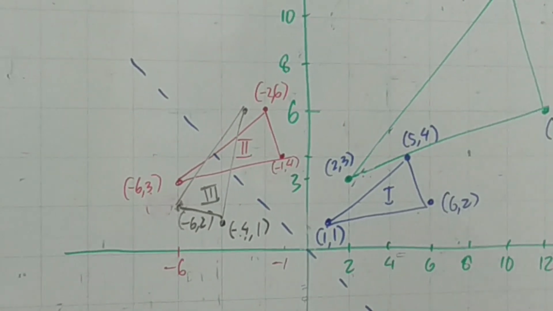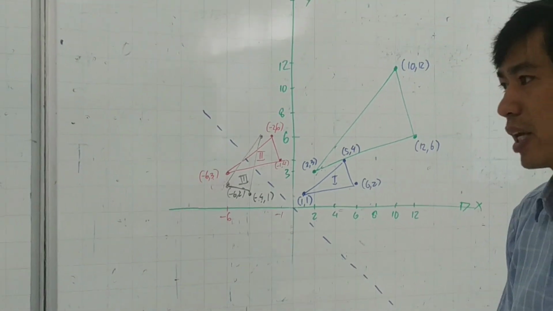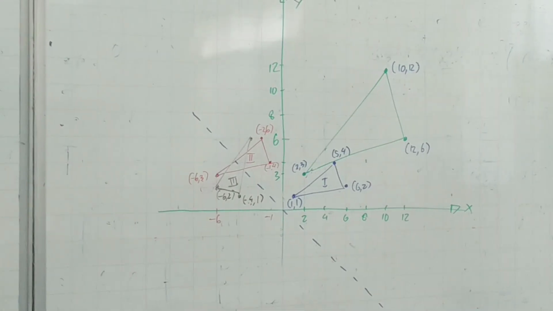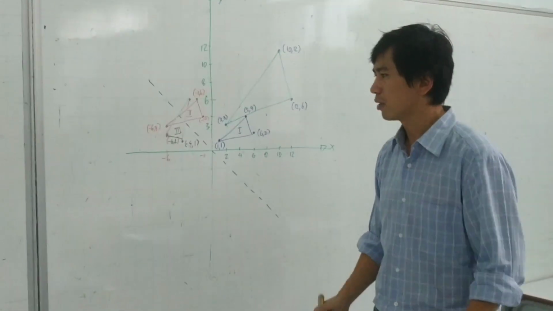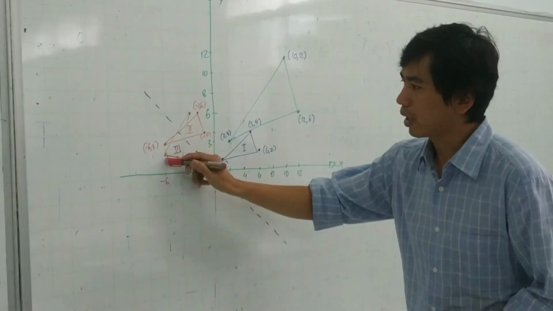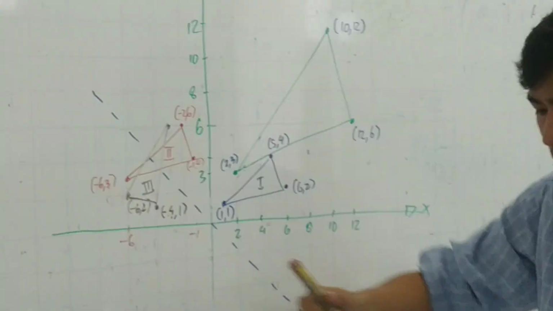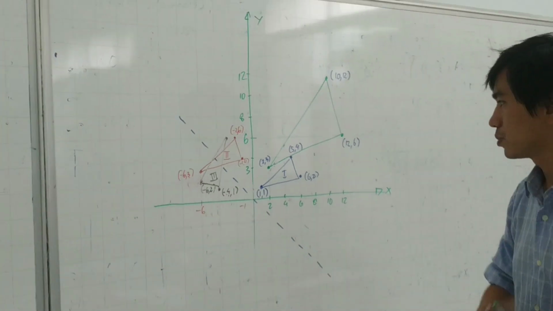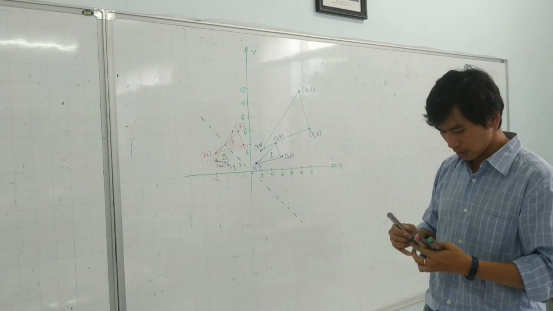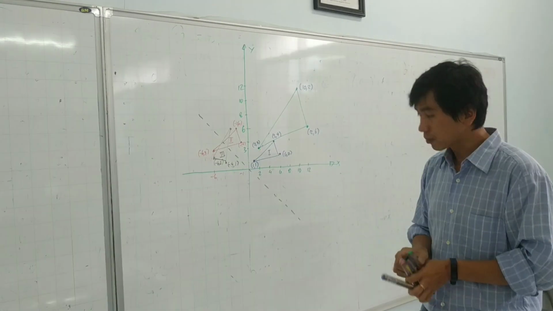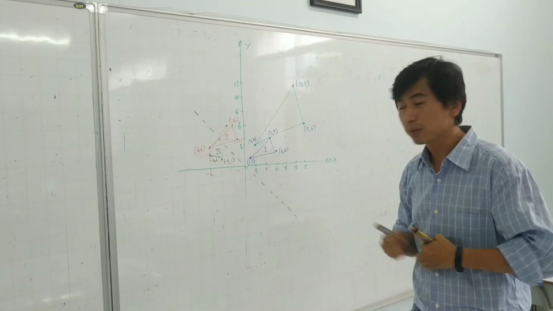The last one is rotation by 90 degrees counterclockwise. Counterclockwise means it's the opposite of clockwise, obviously. So you'll have this one, and then you transform it 90 degrees. I'm going to use the green marker again.